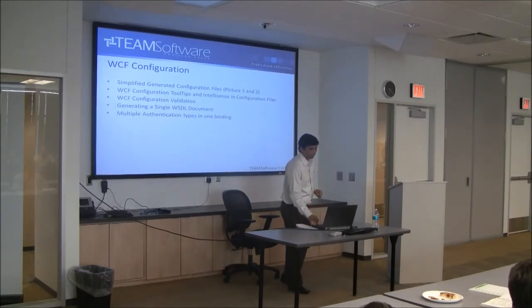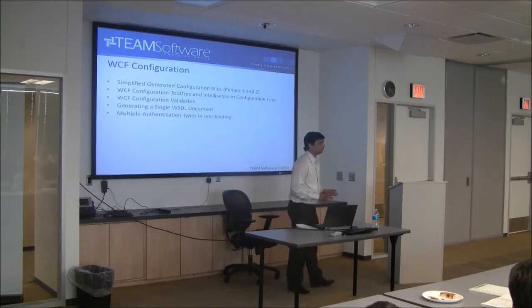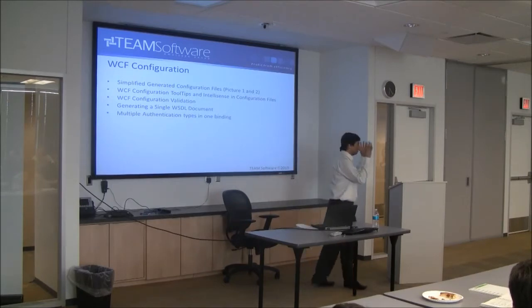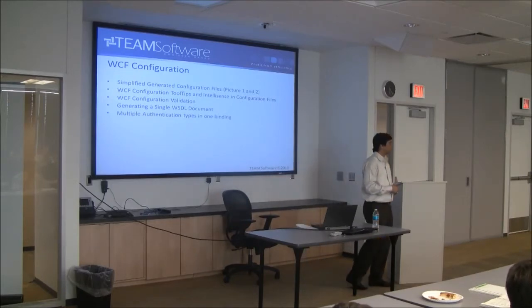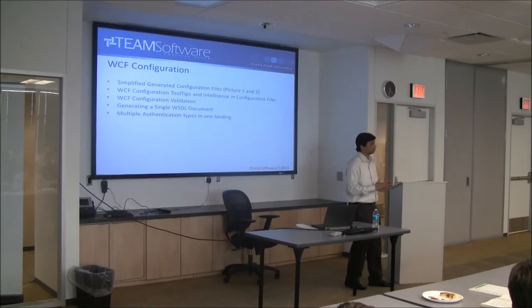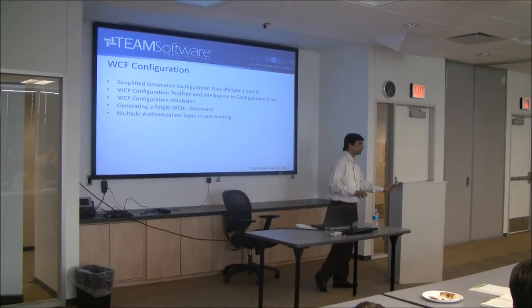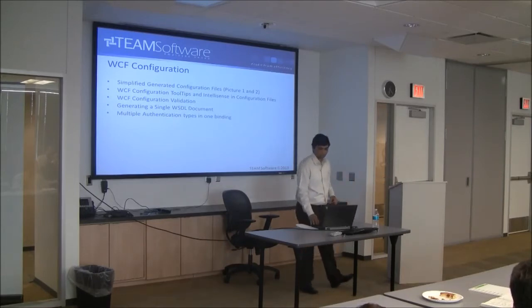There's a very simplified method introduced where you can tell WCF to just inherit everything from the host, and whatever you configure in IIS, those things would be configured. Earlier you needed to configure in WCF and then configure something in IIS. That's changed from 4.5.